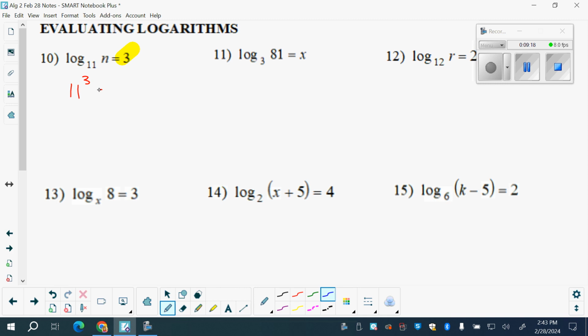So 11 to the third is equal to n. Calculator's nice, so feel free to get up and get a calculator if you want to. So we get 1331.